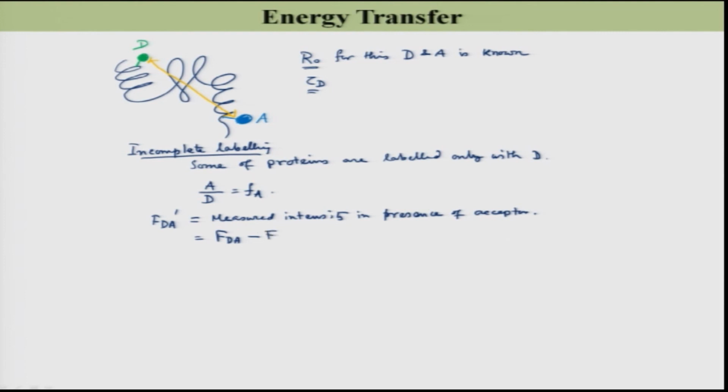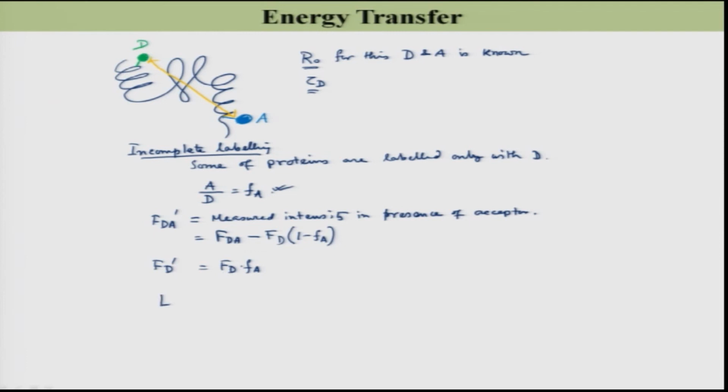So, that is F D, my original fluorescence intensity, multiplied by 1 minus that factor F A. So, if I know this F A, then only I can write this, right. And F D prime should be equal to F D into F A, that is it.